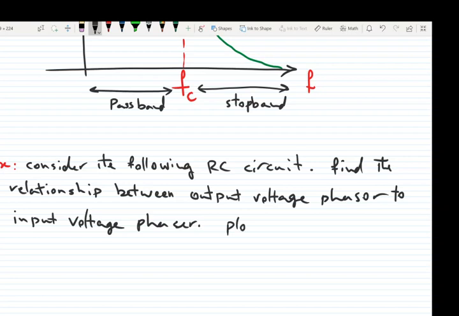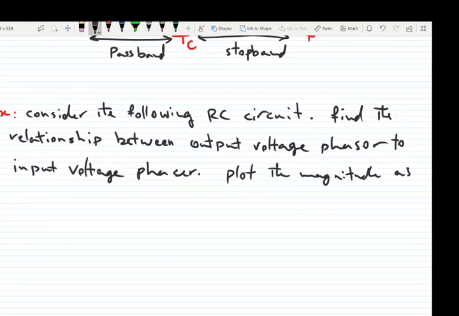Plot the magnitude as a function of frequency.